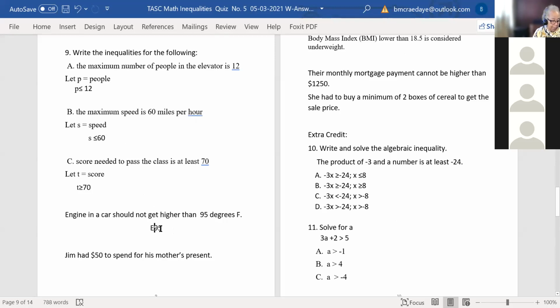So this is the less than or equal. The engine in a car should be less than or equal to 95, because we said it should not get higher. That means it can't be greater than 95. Questions? Maureen, is that okay?